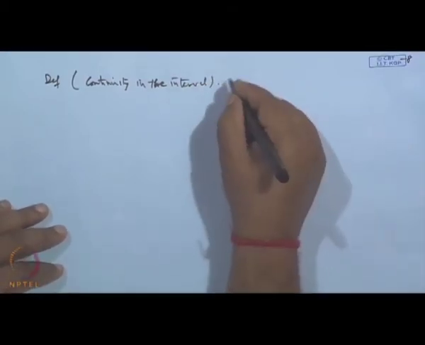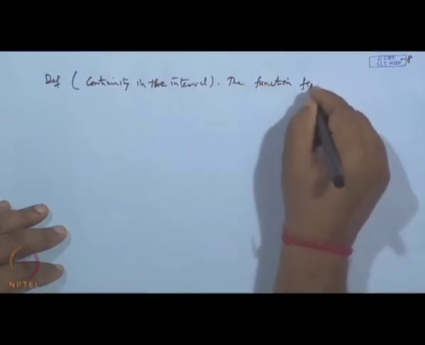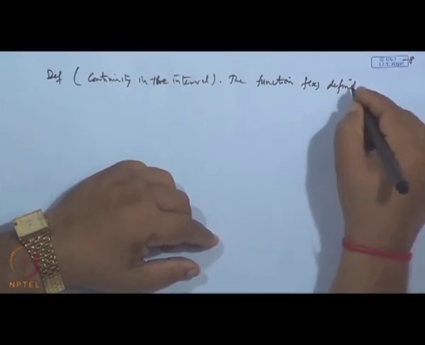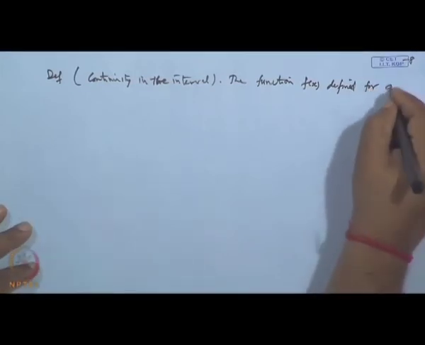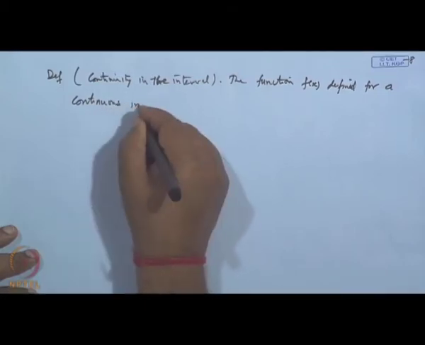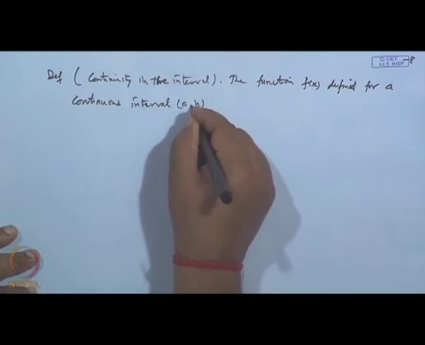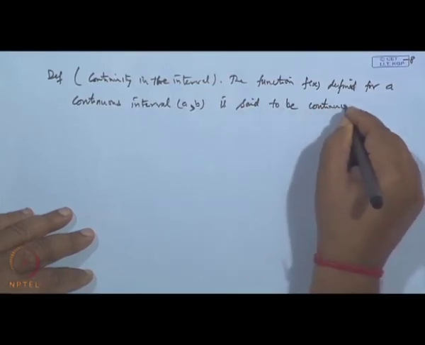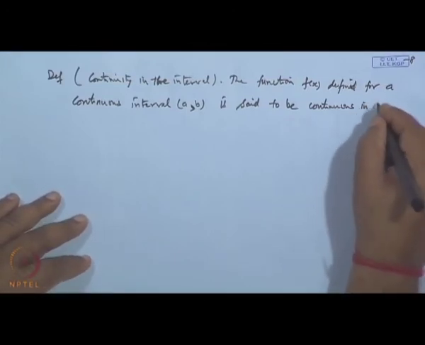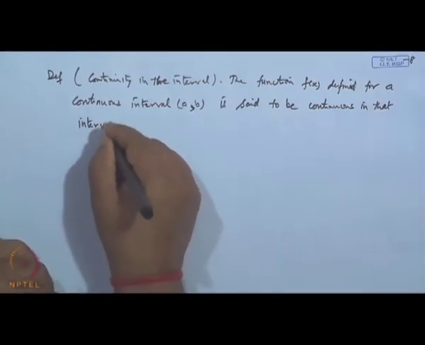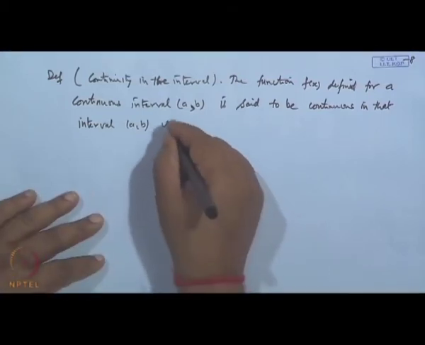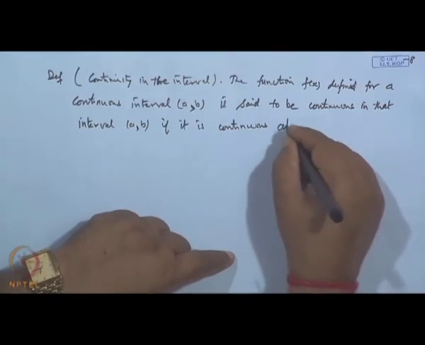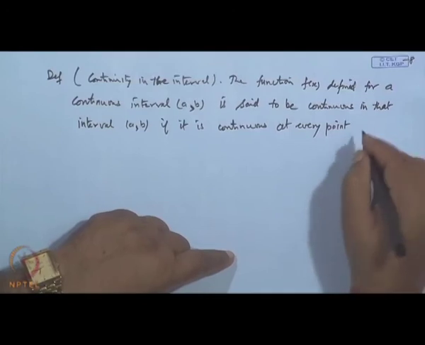The function f(x) defined for a closed interval [a, b] is said to be continuous in the interval [a, b] if it is continuous at every point of the interval.